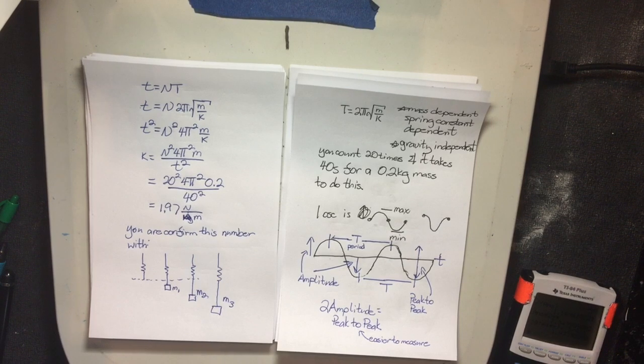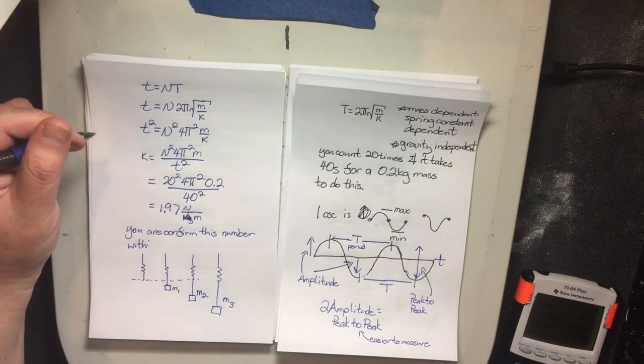Spring constant is newtons per meter. How do you want me to do a unit check on this, or is that what you're saying? Sure. Let's see. Kilograms.